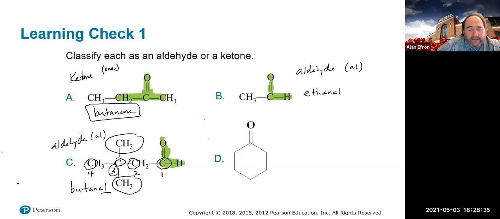And that would give us 3, 3, again, the number for both methyl groups' location. Dash dimethyl, because there's 2 methyl groups in this compound, butanal. Any questions on that one? Remember, as we talked about many times up to this point, comma between 2 numbers, dash between number and letter in that particular case.